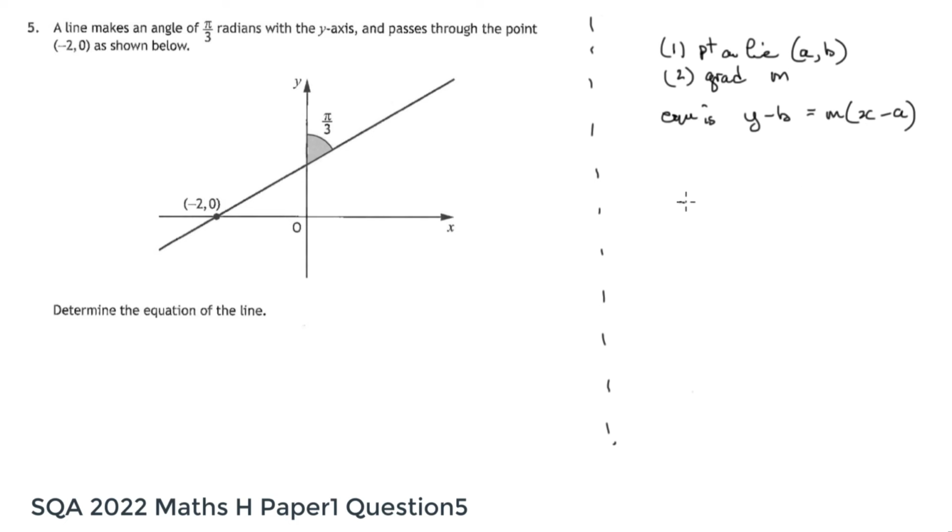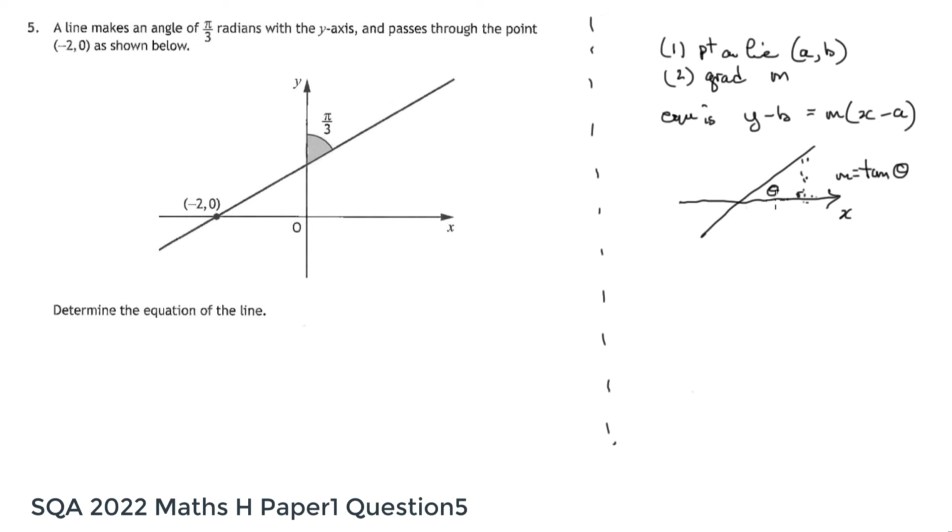Now, angles and straight lines. If a line makes an angle theta with the x-axis, then its gradient is tan theta. That's because, remember, we make up a wee right angle triangle. Tan is opposite over adjacent. That's the y over the x.